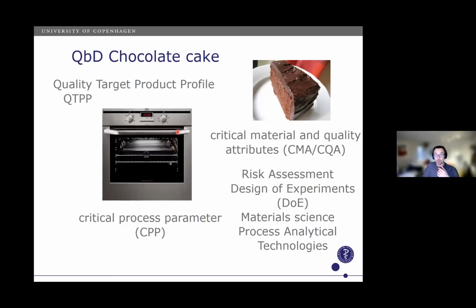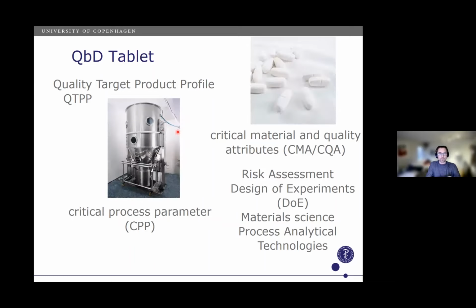And this is all that you can do with risk assessment, DOE, material science, and if needed, PAT installations. So this was QbD of a chocolate cake, but with a bit of imagination, we can replace those products with tablets and a granulation process. Then you just apply the same principles for the tablet.